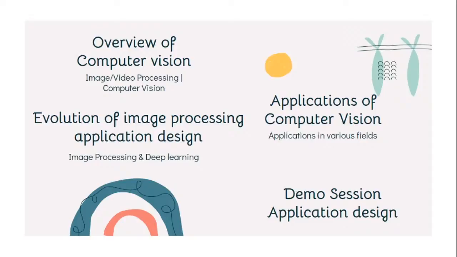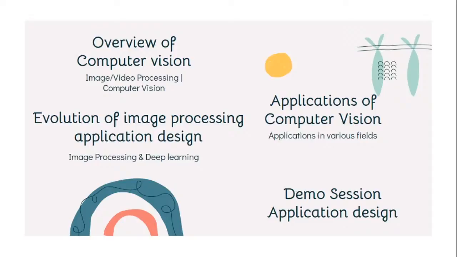Later we will discuss the libraries required for computer vision. Then we will discuss image processing application designs and their evolution, how they evolved 10 or 20 years back and what the current trend is. These are the things we are going to see today.